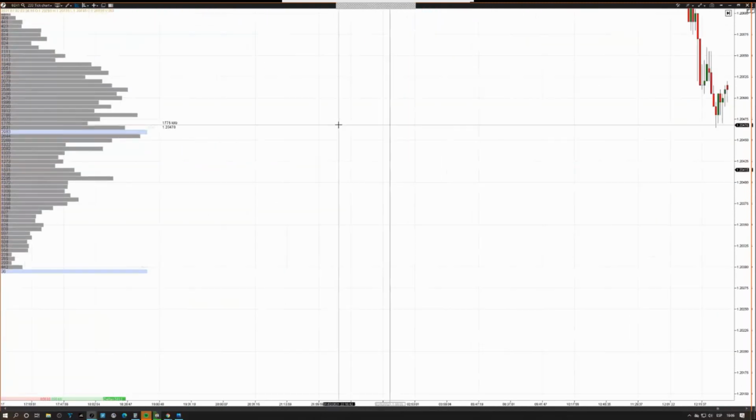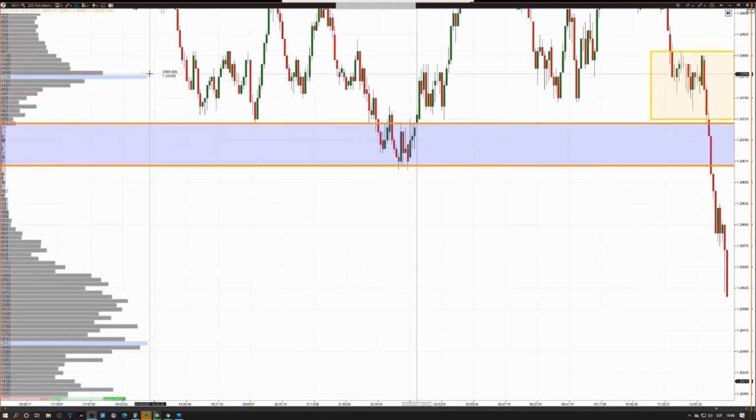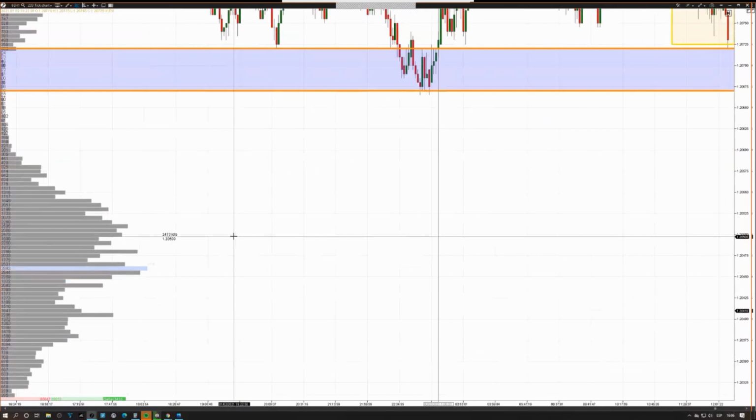And in case you don't know, let me just explain to you what this means. This POC, this BAL, and BAHH. Well, POC stands for point of control. Point of control is where the most volume has been traded, or more trades happened at this price during the session.